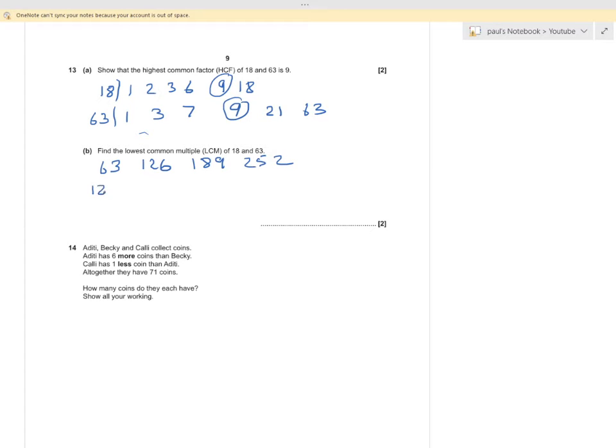Now what about the 18 times table? 18 plus 18 is 36, plus 18 is 54, plus 18 is 72, plus 18 is 90, plus 18 is 108, plus 18 is 126. Well, there we go. So the lowest common multiple is 126.